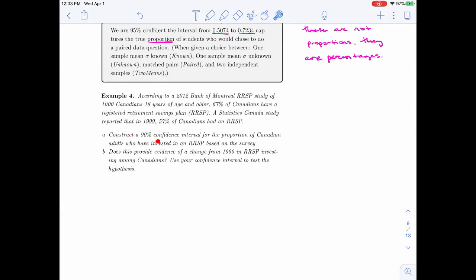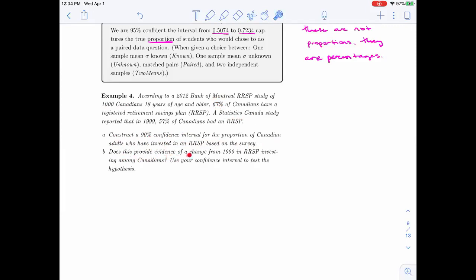So we're going to construct a 90% confidence interval for the proportion of Canadian adults who have invested in an RRSP based on the survey, right? Based on this survey of 1,000 Canadians, they found a sample proportion of 0.67. So we're going to build a 90% confidence interval around that 0.67.